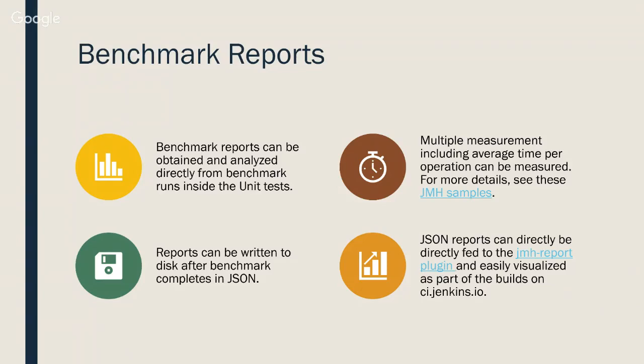And after that, it runs the iterations. The average time of these iterations can be measured. There's also throughput, the number of operations, and the single shot time without any warm-up. So there are multiple things; you can just see the JMH samples.